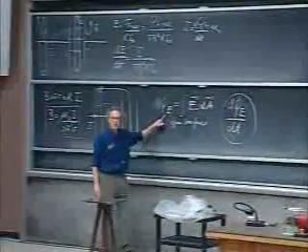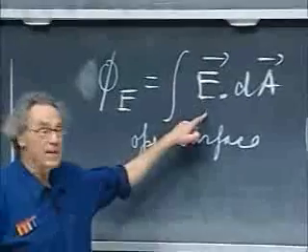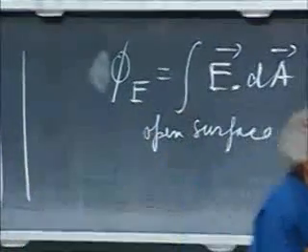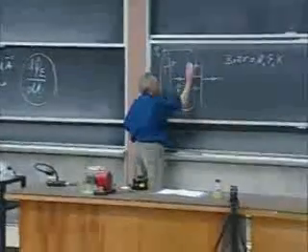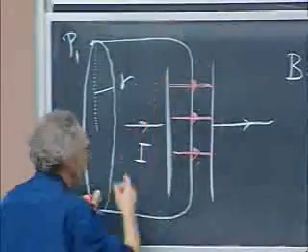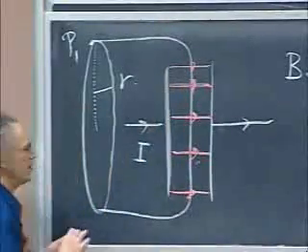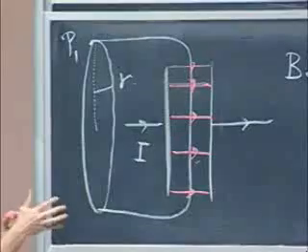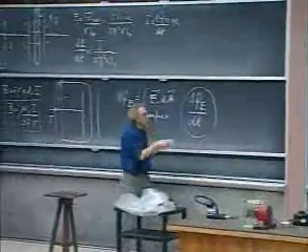Phi E is very easy to calculate because E and dA, right here, think of this part being flat. Wherever you are inside the capacitor, if we assume that there are no fringe fields, then there is an electric field only when you're inside the capacitor, and so the electric flux is simply E times the surface area.